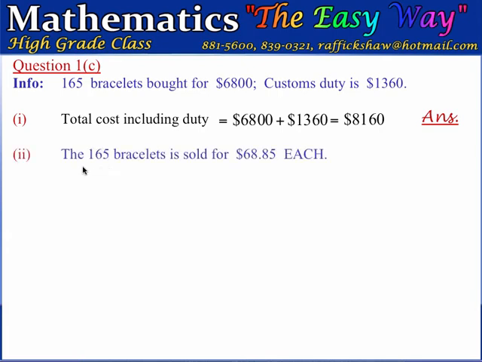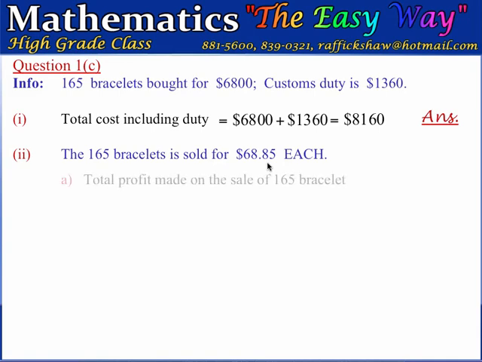Now in part 2, we are told that the bracelets were sold at $68.85 each. So each bracelet was sold by the jeweler for $68.85. That's the selling price for one bracelet, $68.85.